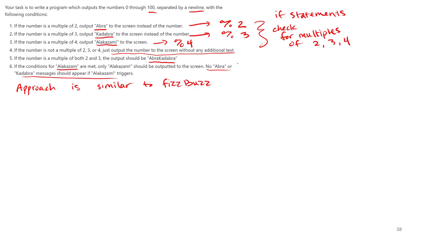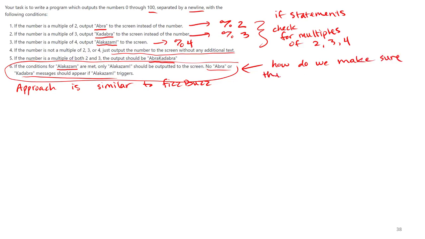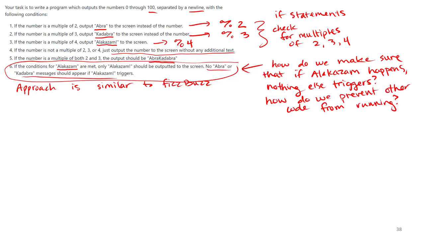The tricky question here is this last condition. How do we make sure that if alakazam happens, nothing else triggers? Here's a hint. What about an if-else statement?